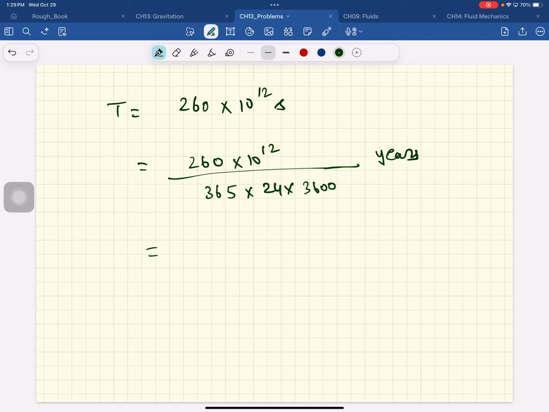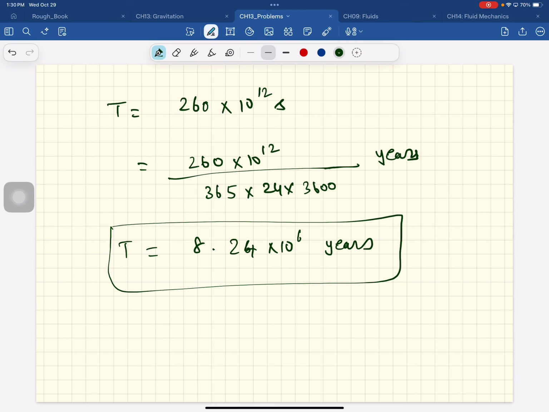So that's the conversion to years. 8.24 million years. That's what it works out to. And I think I did something wrong.